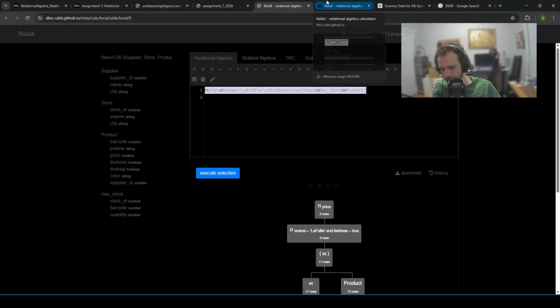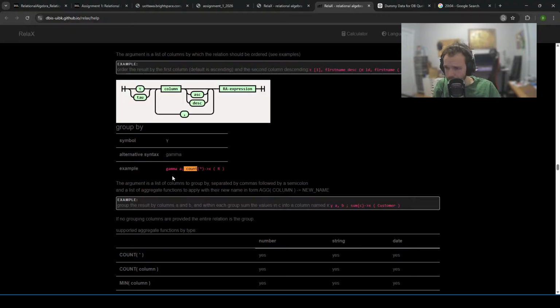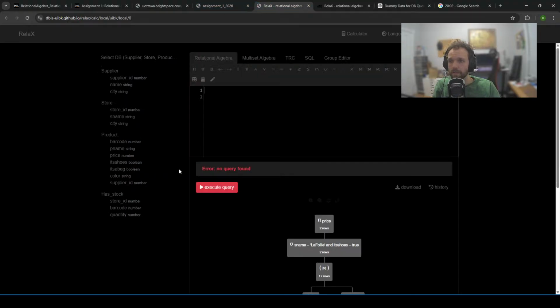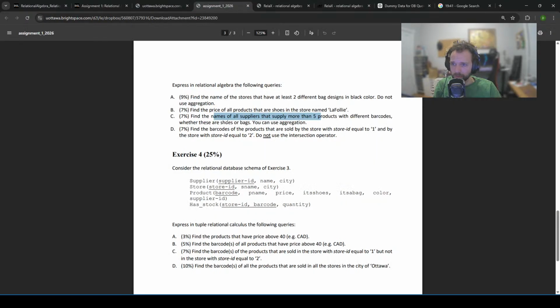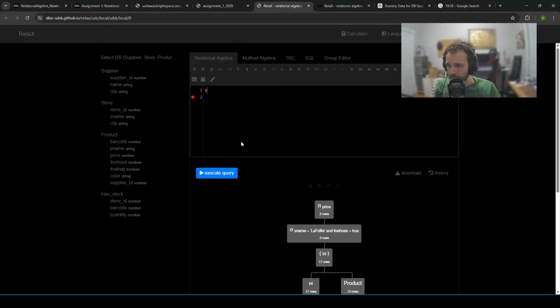What is the group by thing here? Group by tau. Okay, so we're going to go order by tau. This is group by. Okay, no, I'm probably going to want this group by. Yes, I want to take store, group it by store ID, or do I want to do it by names? Yeah, we'll do it by names, because store ID and name are going to be identical. Group by S name.